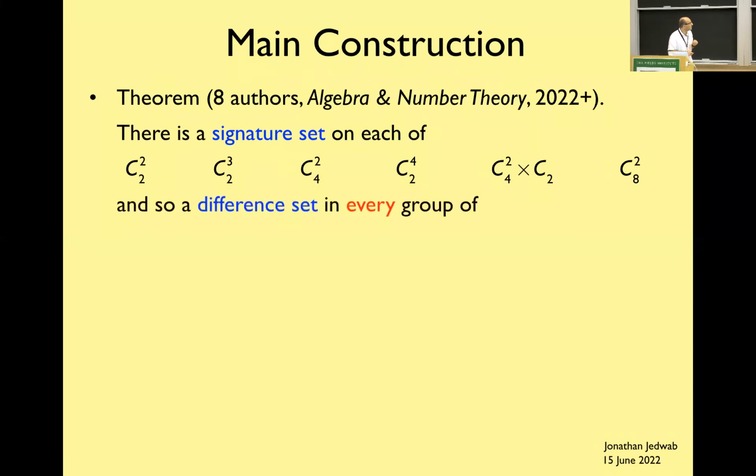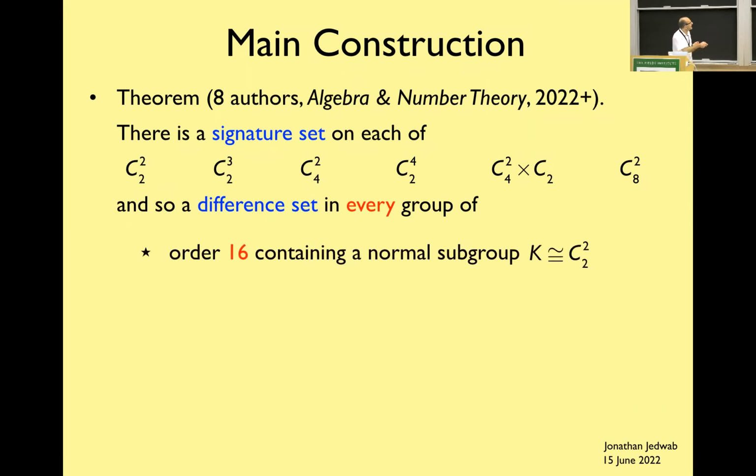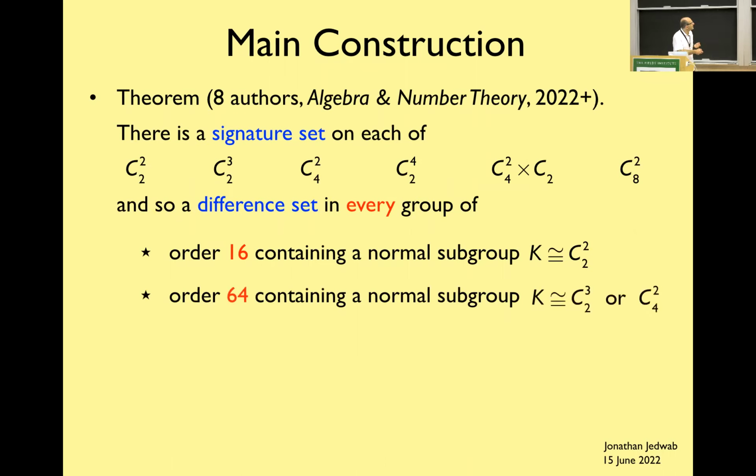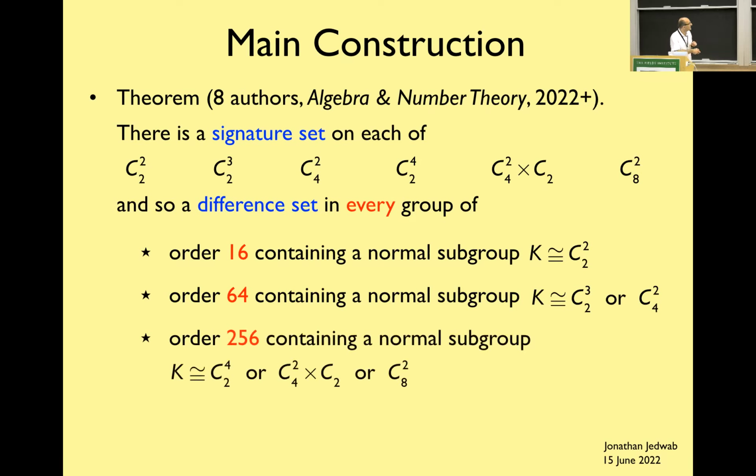But the similar idea, there's a signature set on each of those. And therefore, there's a different set in every group of order 16 that contains this one as a normal subgroup, every order 64 group that contains either of these two as a normal subgroup, or, and here's where we're really interested, every order 256 group containing a normal subgroup isomorphic to any of these 3.